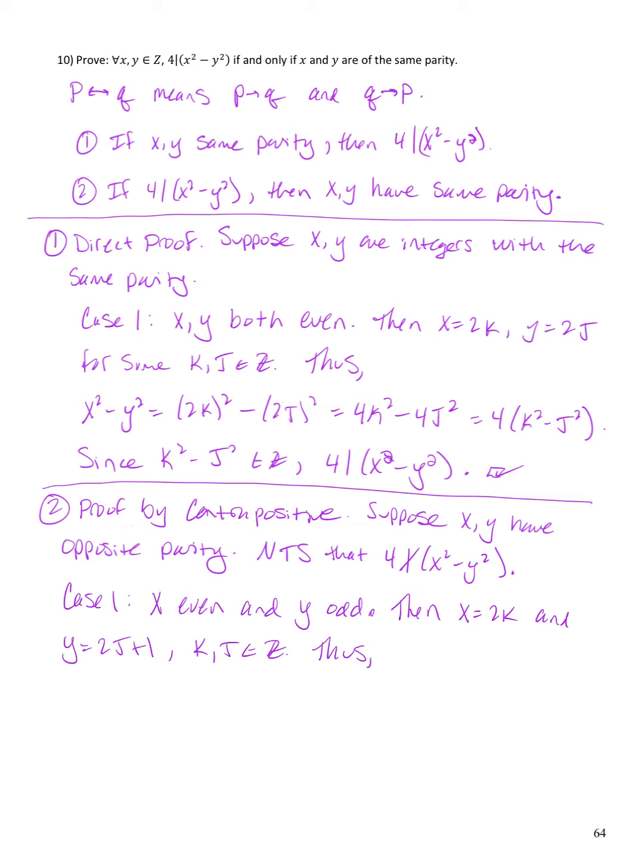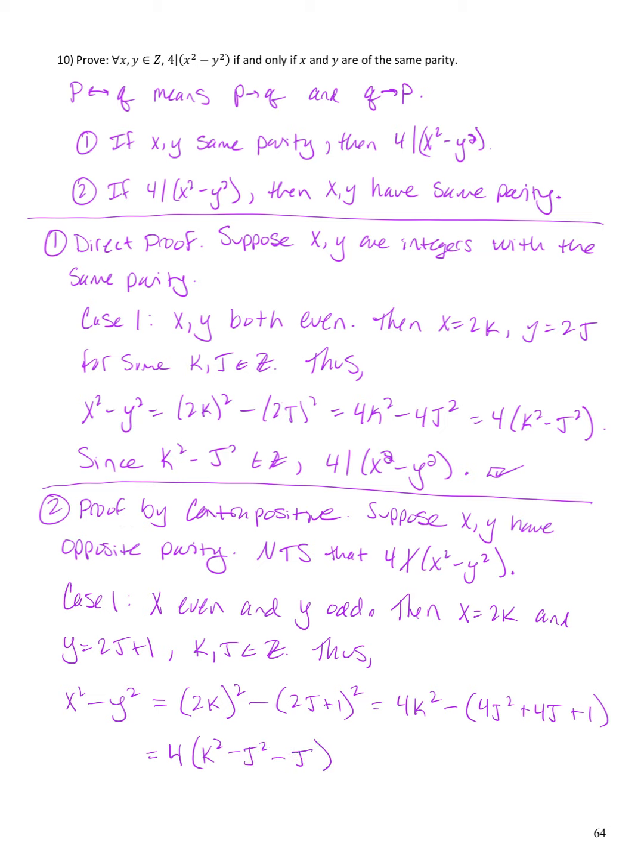Thus, x squared minus y squared would be (2k) squared minus (2j plus 1) squared, which is 4k squared minus 4j squared minus 4j minus 1, which is 4 times (k squared minus j squared minus j) minus 1.